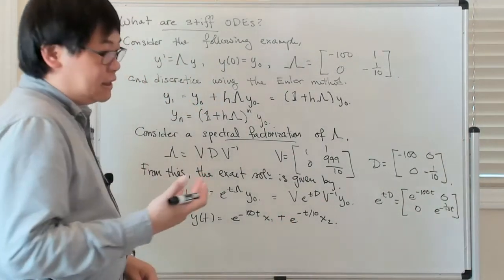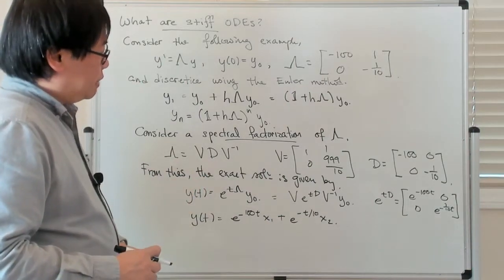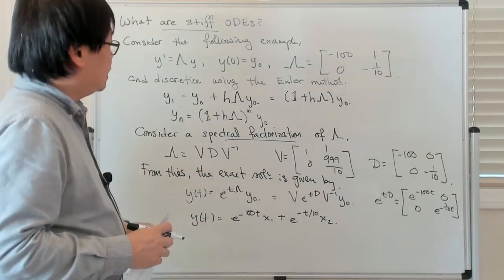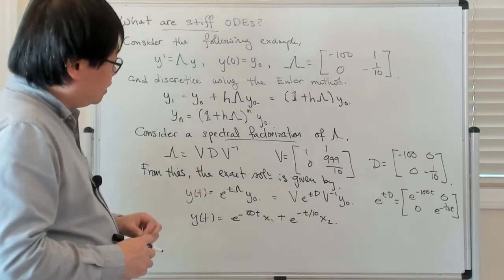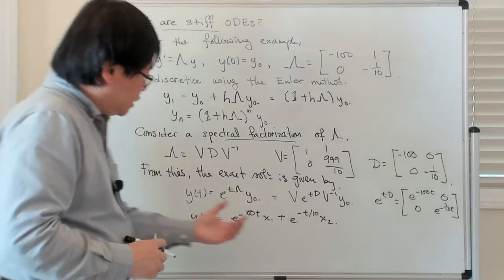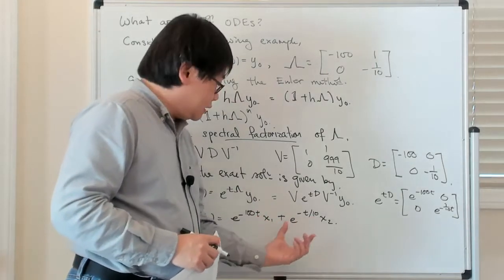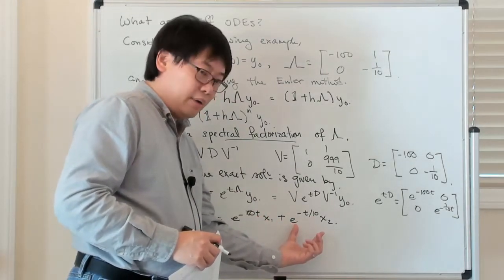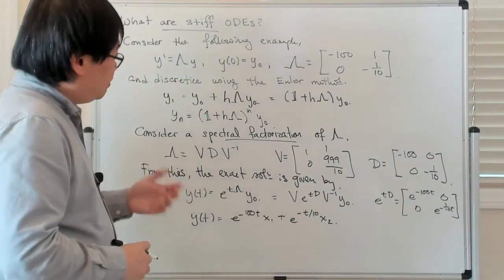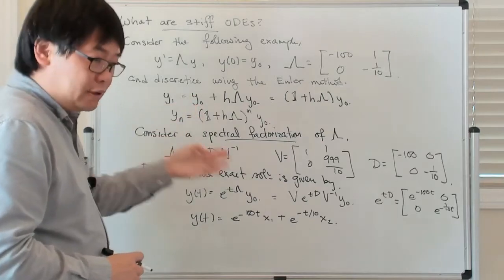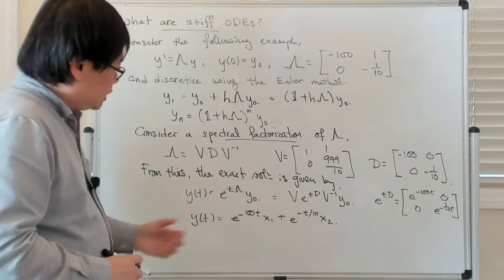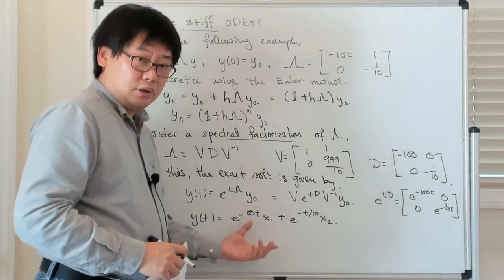But the frustrating thing about discretizing this stiff problem is that even though, after even moderate amounts of time, the solution is dominated by this term, the stability properties of the numerical method, say the Euler method, are going to be dominated by this much faster decaying term.